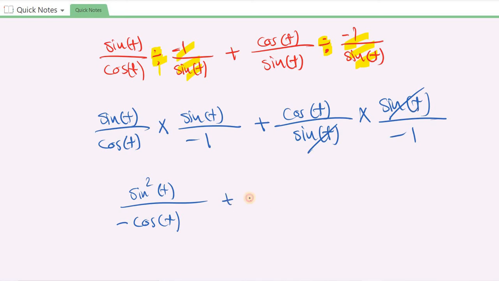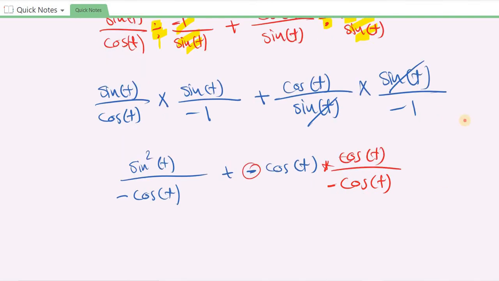plus negative cosine t. I'm going to have a common denominator, so what I can do, I can multiply the fraction here by cosine t times cosine t divided by cosine t. Then what I'm going to have, I will have a negative cosine t in the denominator common, so the negative will get down here, and at the top I'm going to have cosine square t.